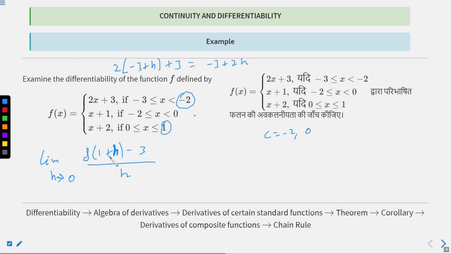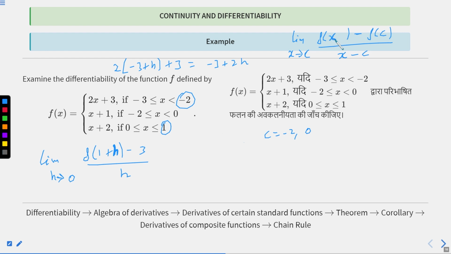One variation of this can be rewritten like this. If h is replaced by x tending to c, then this will be x minus c, this will be x, and this will be c.